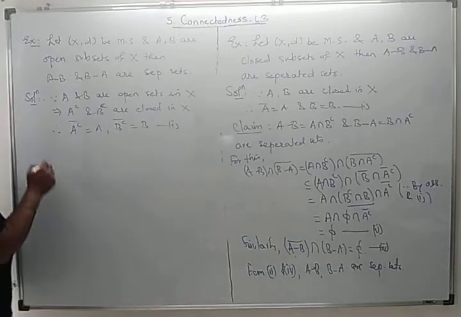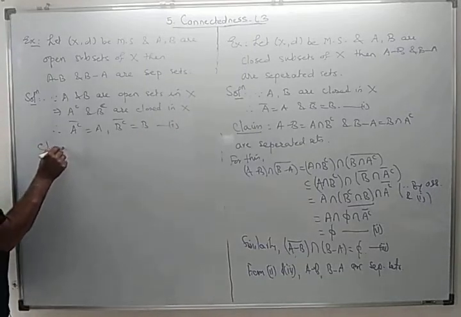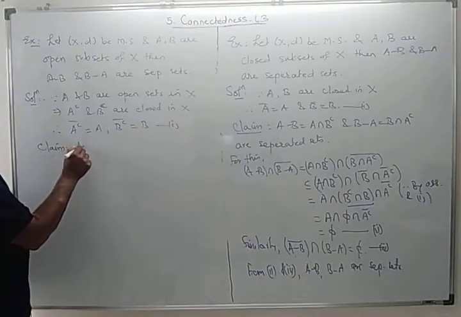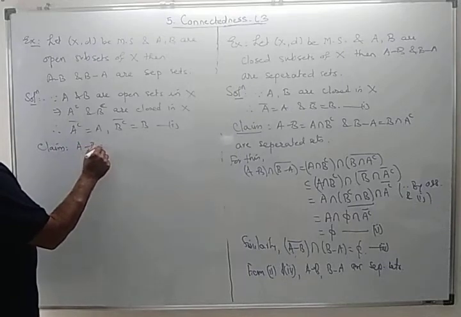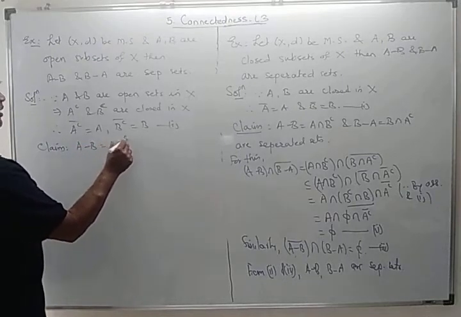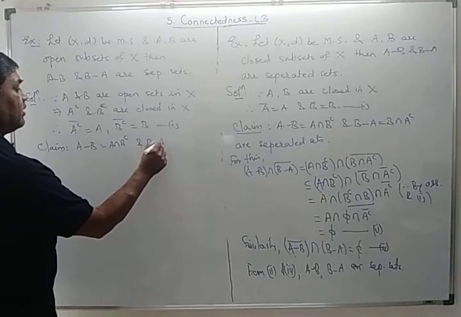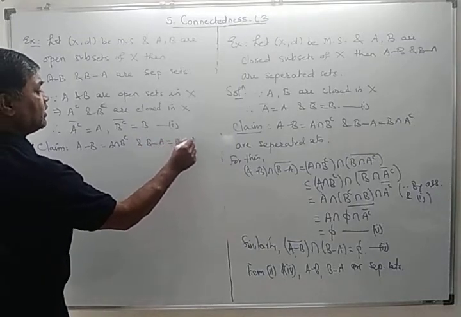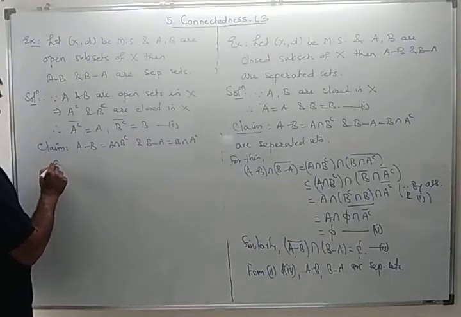Okay. What is our aim? A minus B is equal to A intersection B complement and B minus A is equal to B intersection A complement are separated sets.